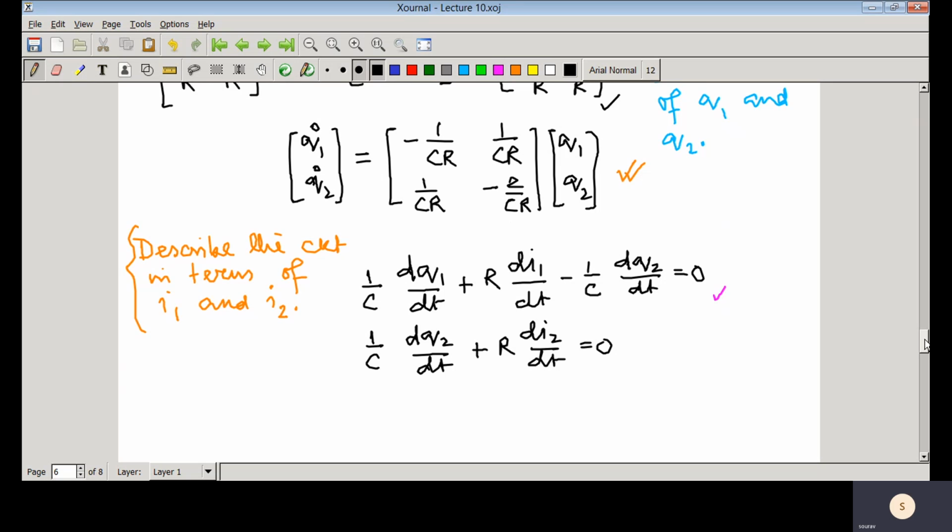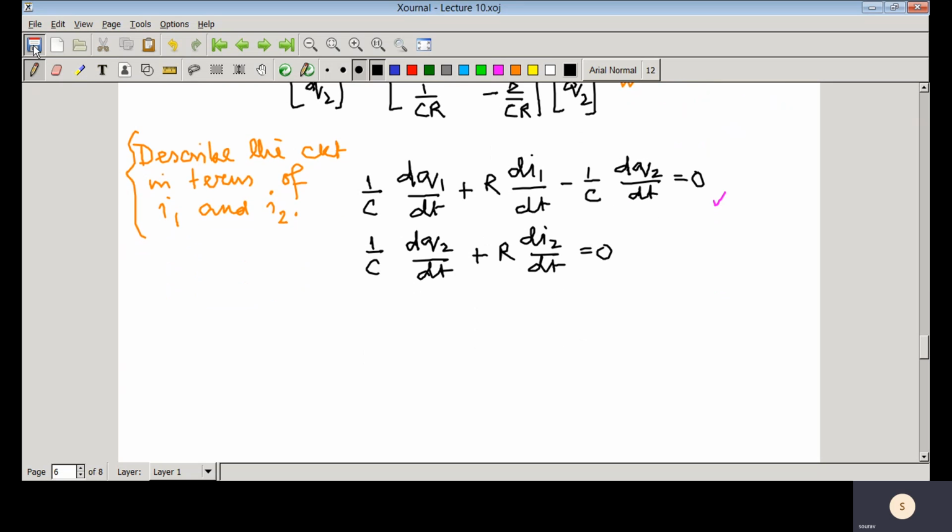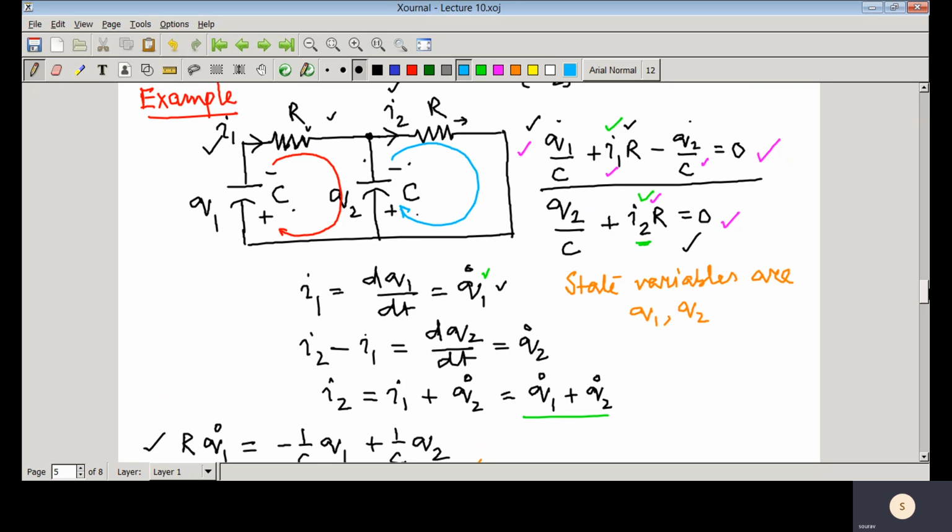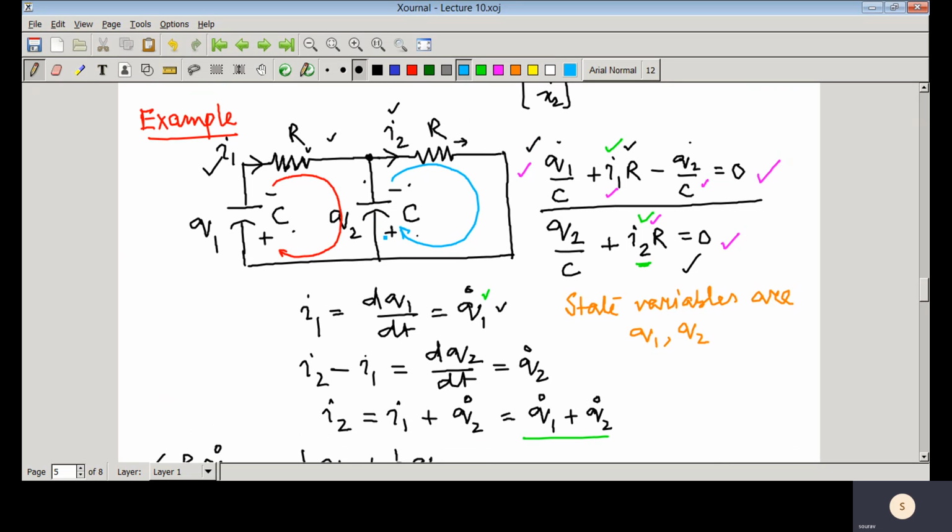Now we can see here what dq1 by dt is. dq1 by dt is nothing but I1. Similarly, what is dq2 by dt? You can see in the circuit that dq2 by dt is I2 minus I1, because of the current flowing here and flowing here.